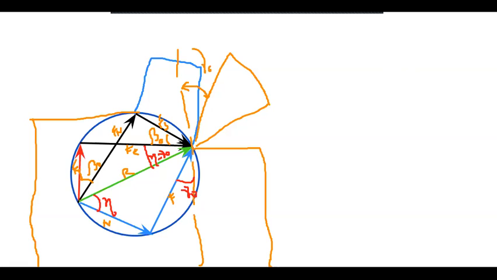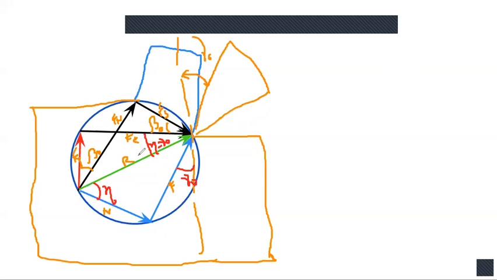This is our standard merchant circle diagram. What is given? Inclination angle lambda is 0 degree. Orthogonal rake is also 0 degree. Principal cutting edge angle phi is 90 degree.